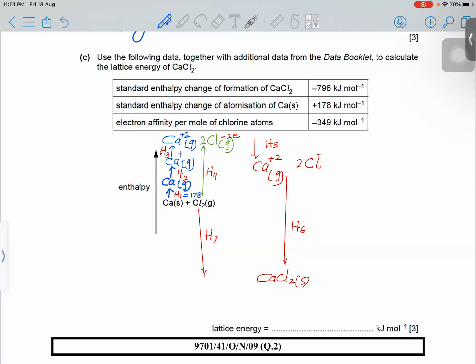Okay. The first ionization energy of calcium is 590, and the second ionization energy of calcium is 1150.